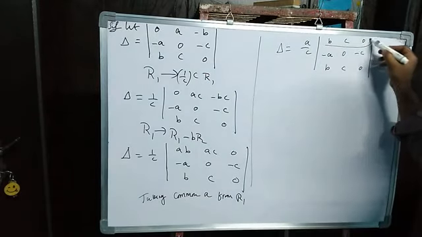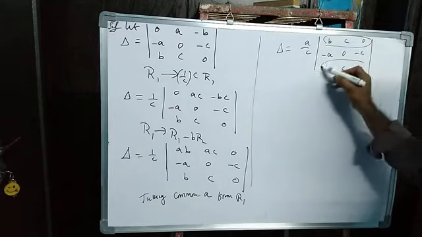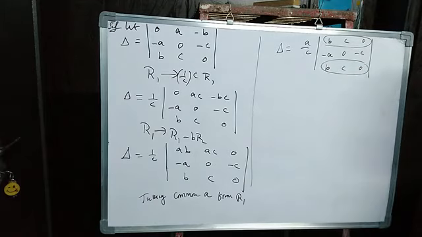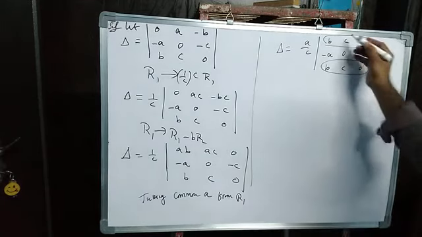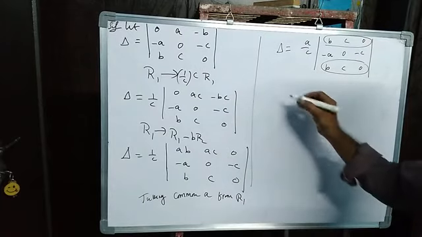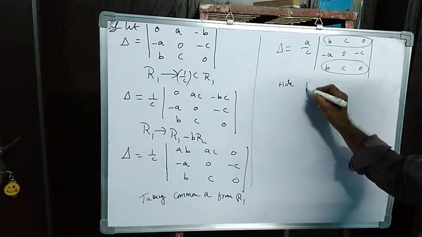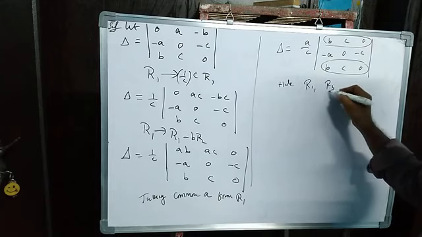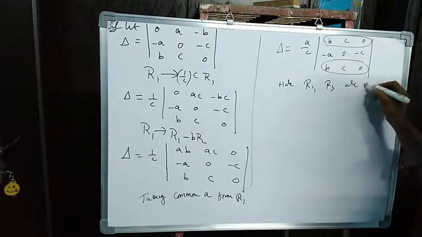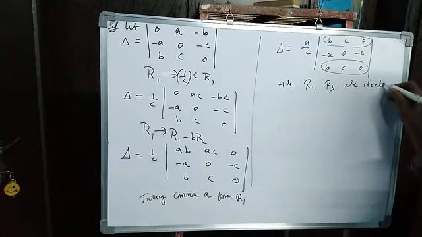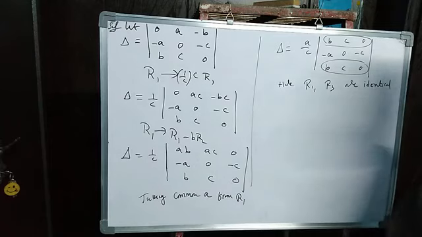Just observe here. Are these two rows the same or not? Yes, both rows are identical. R1 and R3 are identical.